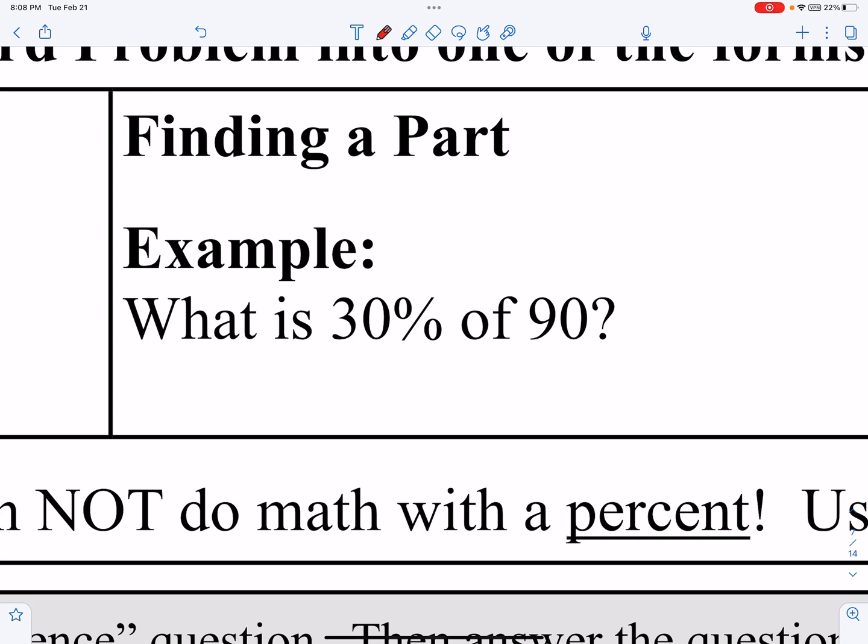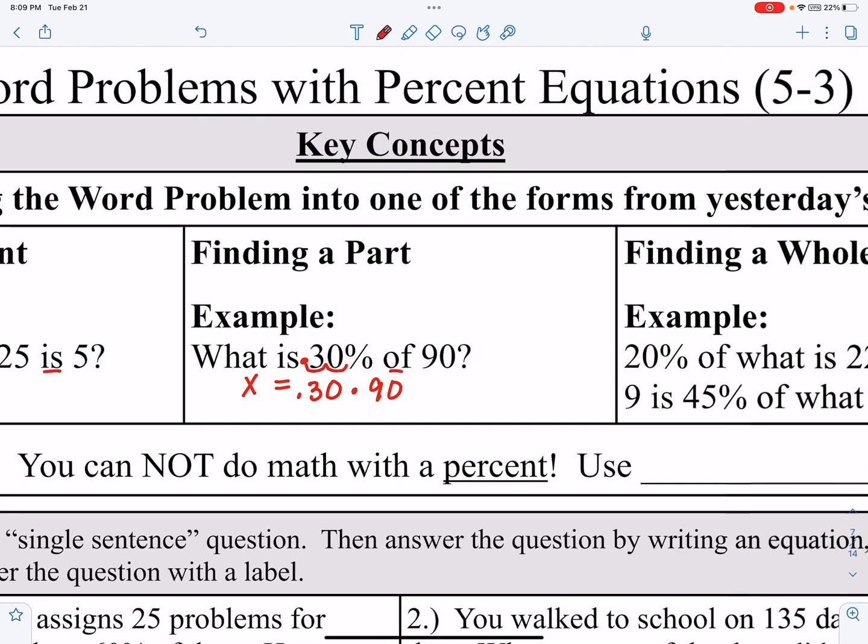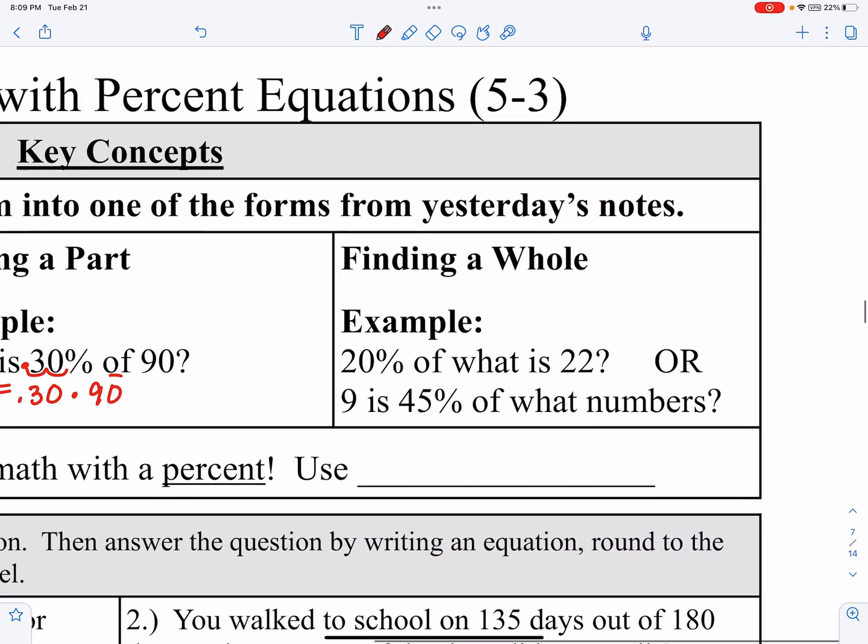And so we know our variable equals 30%. We have to change that to decimal form, which is 0.30. Of is multiply, and then our 90. Our last one is finding the whole. This is when you know the percent and you know the part, and you're trying to find what the whole is.